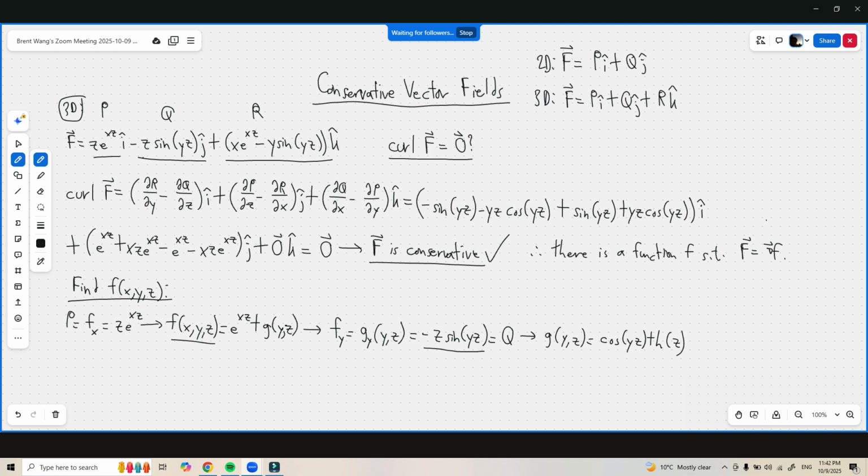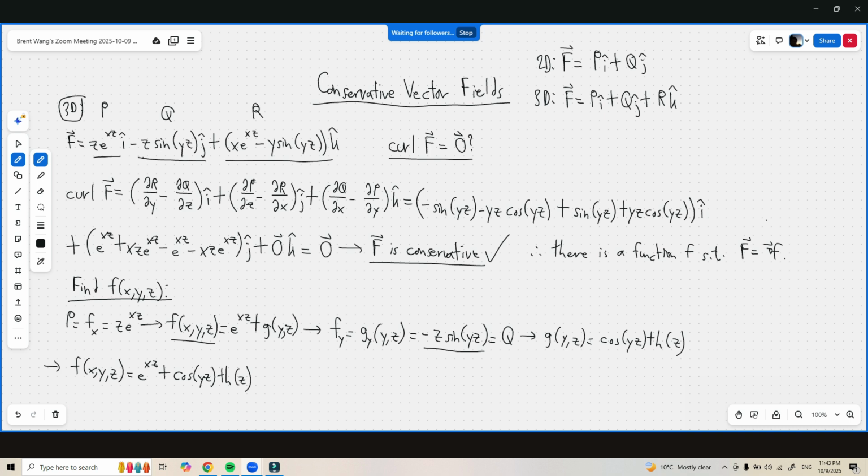And lastly, this means that f of x, y, z is equal to e to the power of xz plus g of y, z, which was plus cos yz, plus h of z.